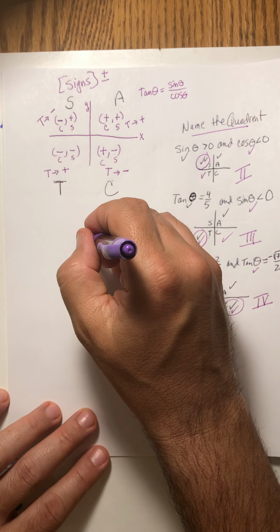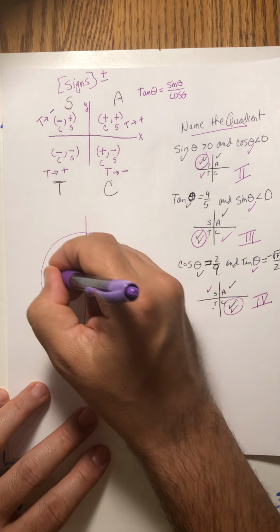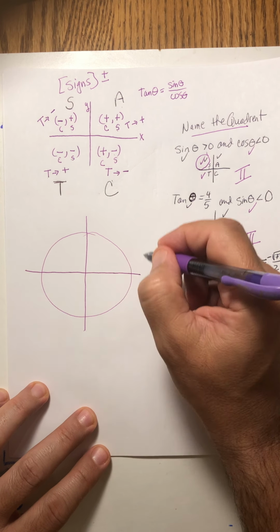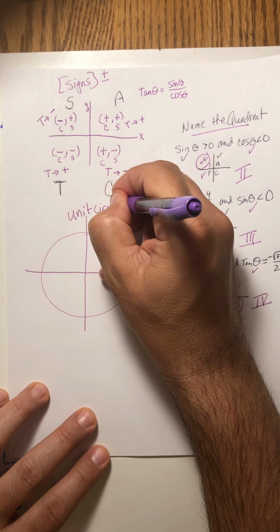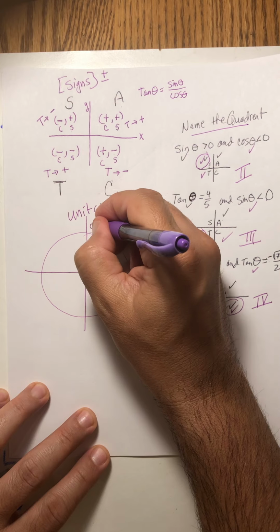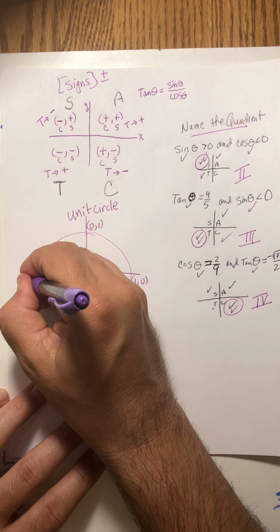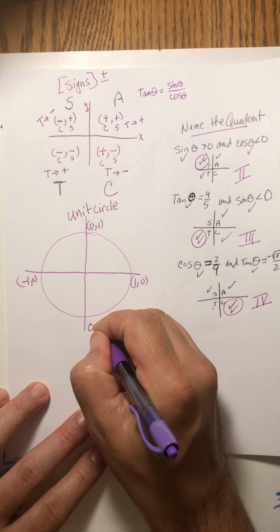Okay. All right. Last piece of information that we can do from the unit circle. I'm going to draw another unit circle. Remember, ordered pairs: 1, 0, 0, 1, negative 1, 0, and then 0, negative 1.